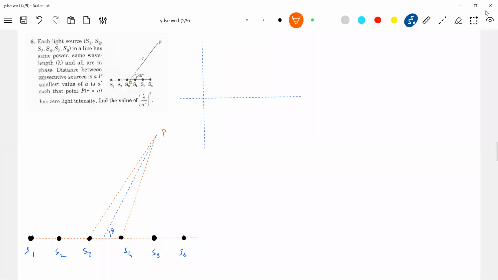What mathematics you are going to bring into the picture? See it now. So I'll start with. R is very much greater than A. So definitely the intensity at point P due to all the sources will be the same. Therefore I should take the arrows of the same length, all of them.